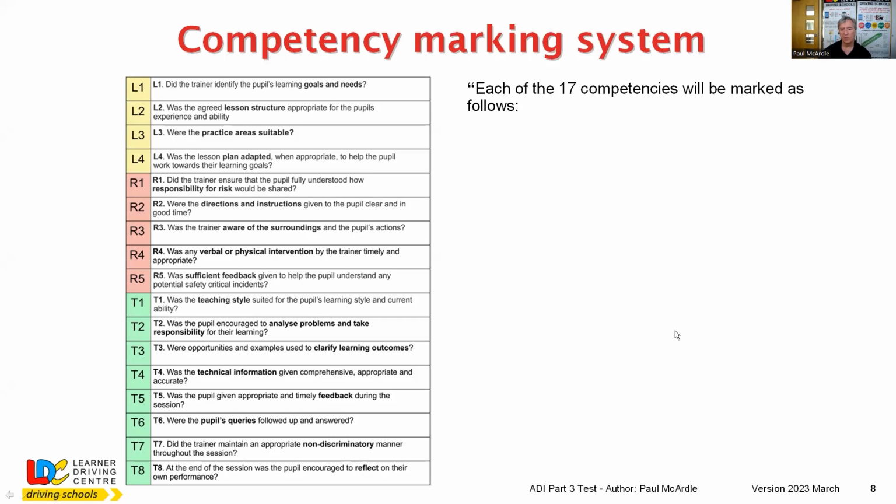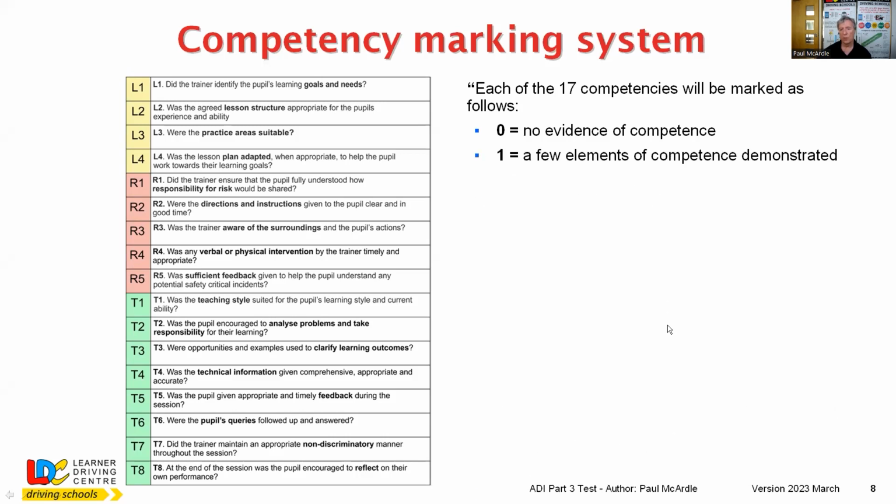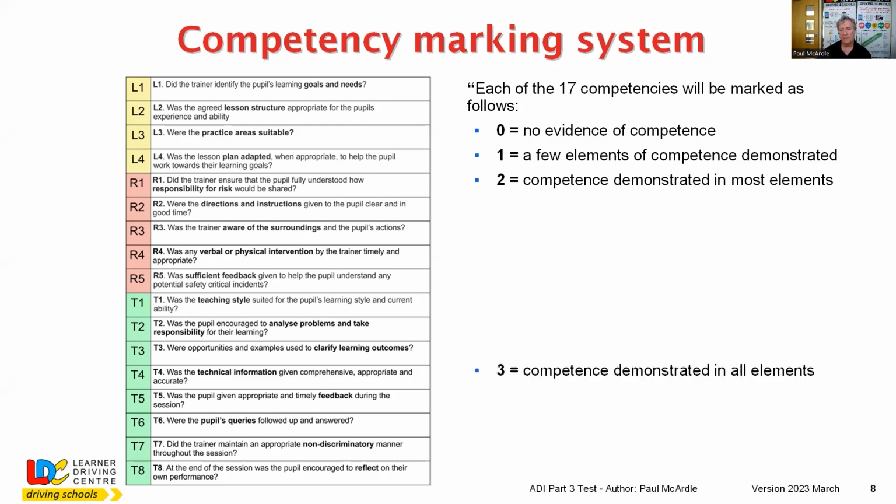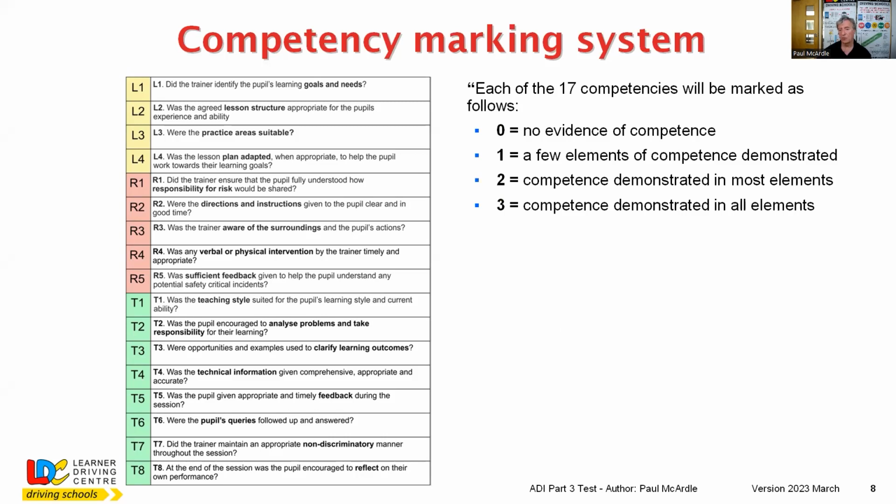Well, each of the 17 competencies is marked between 0 and 3, with 0 meaning no evidence of competence being shown, 1 meaning a few elements of competency being demonstrated, 2 meaning competency demonstrated in most elements, and 3 competency demonstrated in all elements.